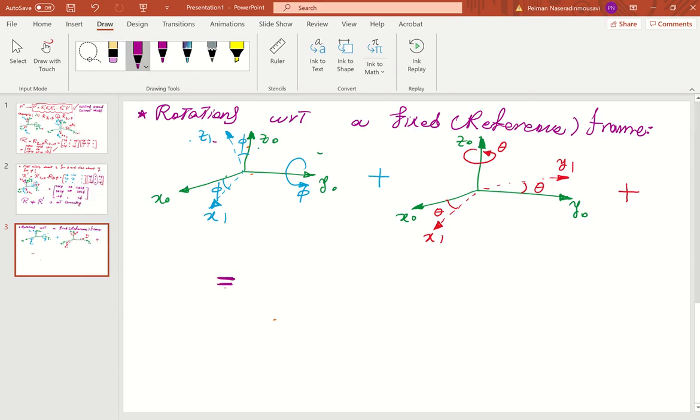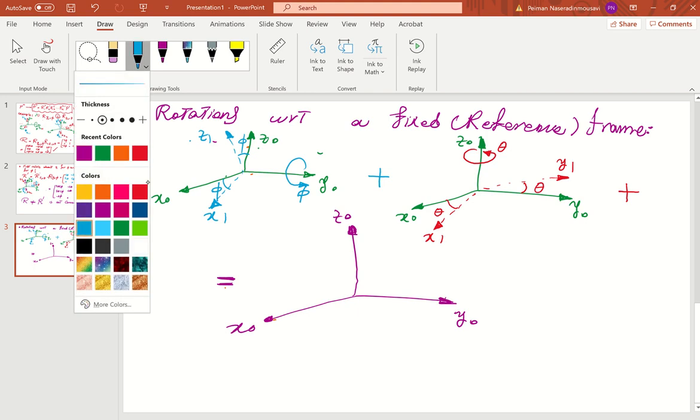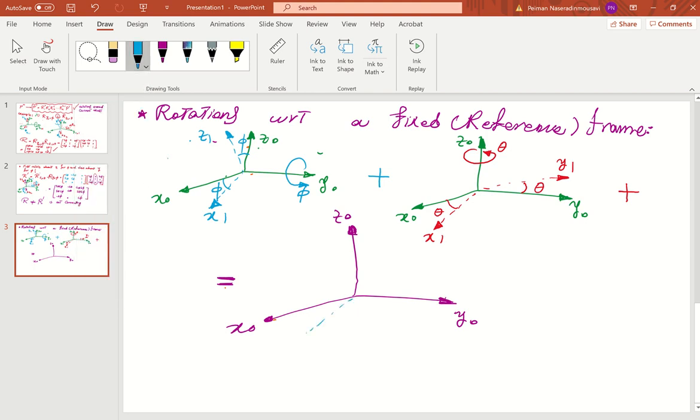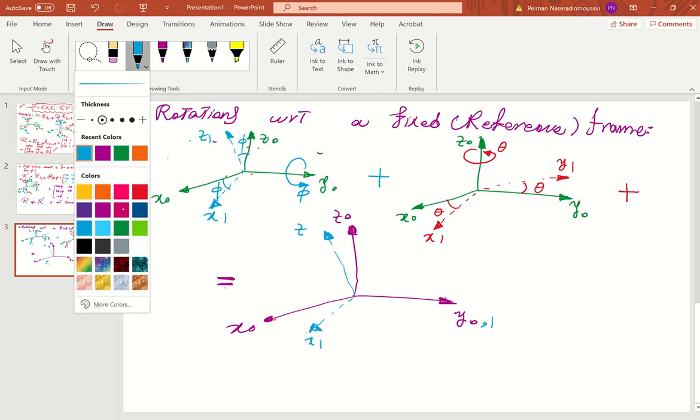See, this is equal to this: x naught, y naught, z naught. And this is what you had already. See, x1, z1, and y1, and then you had what? x2, right?